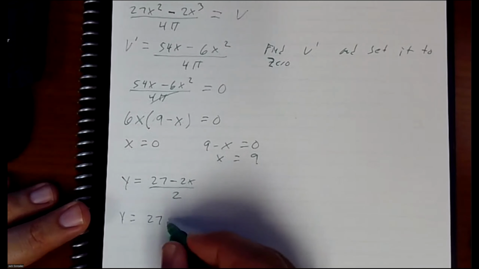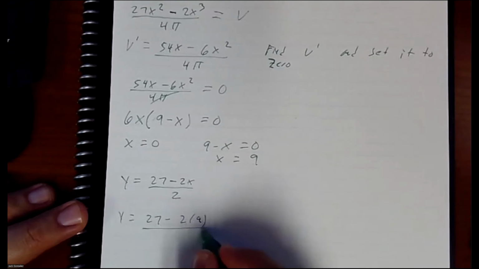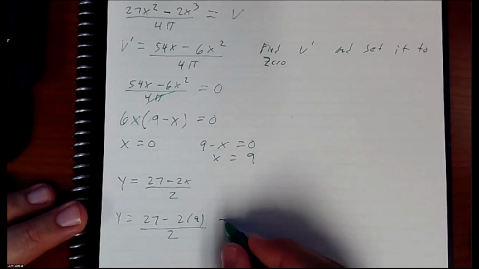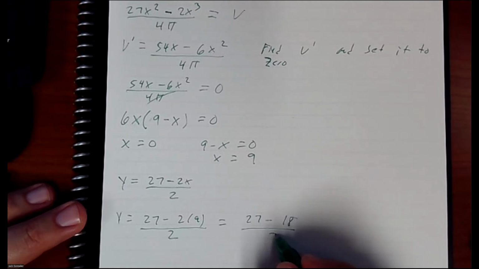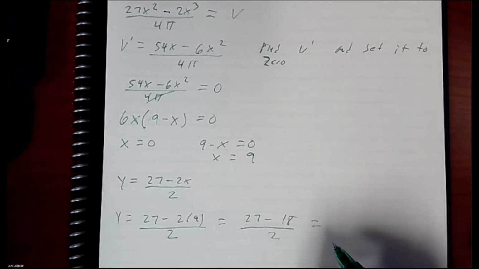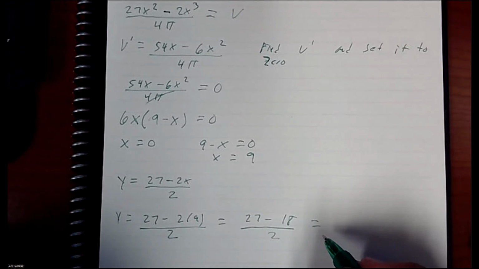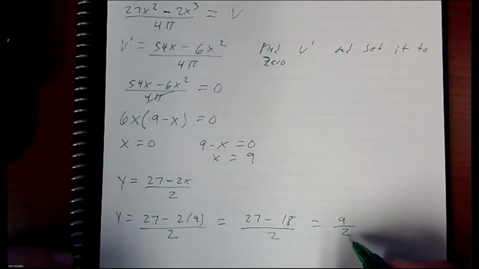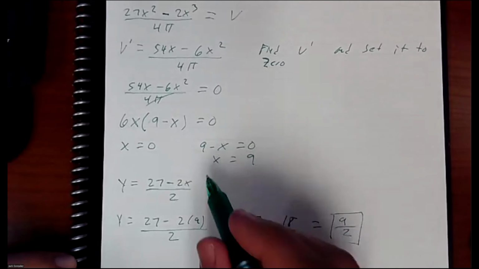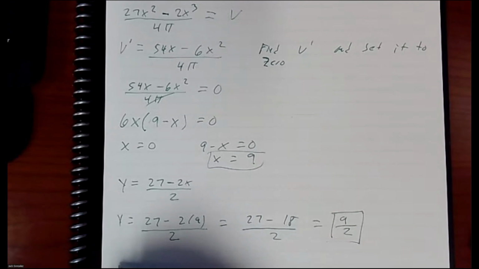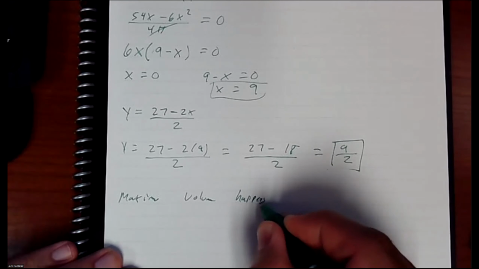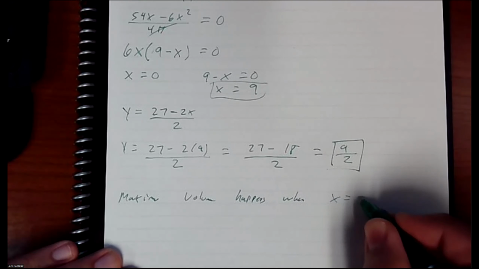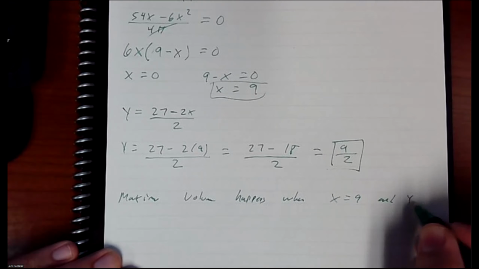Plug in the x, that'll be minus 2 times 9 over 2, which is 27 minus 18. What is that? That was 9/2. Yeah. So maximum volume happens when x is 9 and y is 9/2.